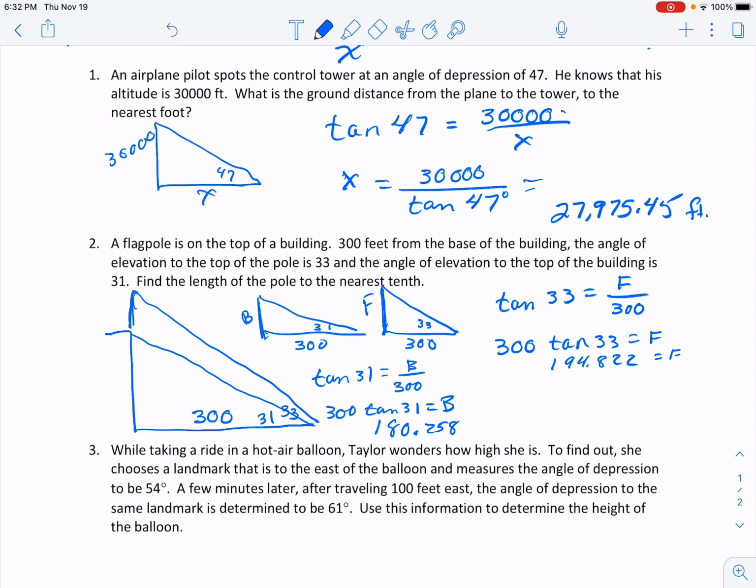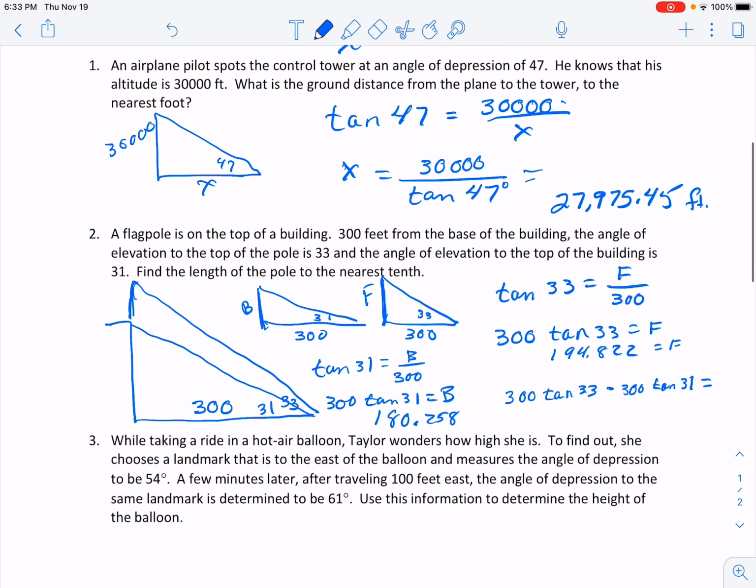So what I'd rather you did was write 300 times the tangent of 33 minus 300 times the tangent of 31, and do the math all at once, okay? Or you can pull the 300 out and do the tangent of 33 minus the tangent of 31, multiply by 300, and you get 14.56 feet.